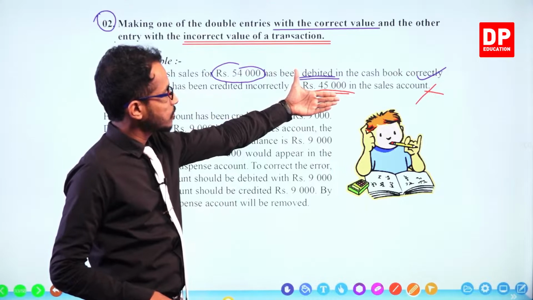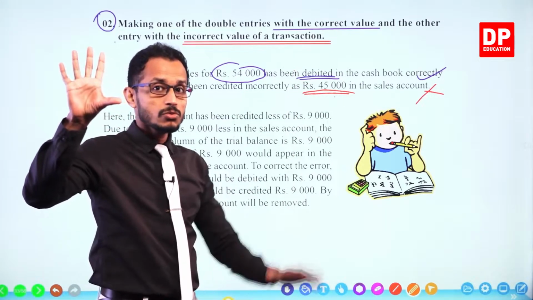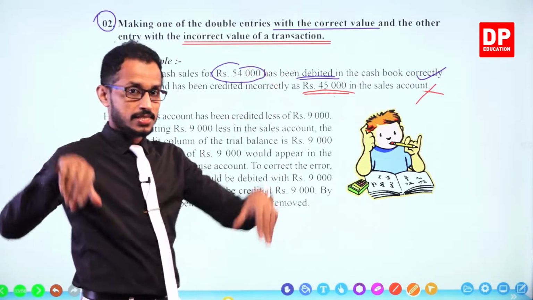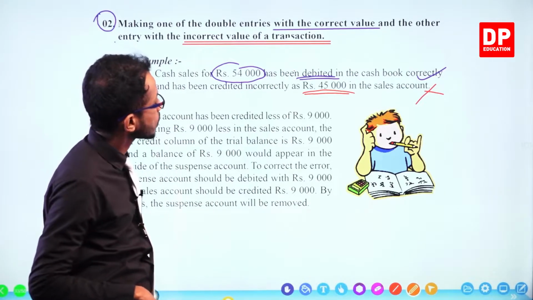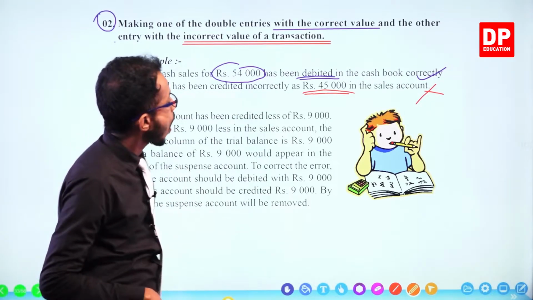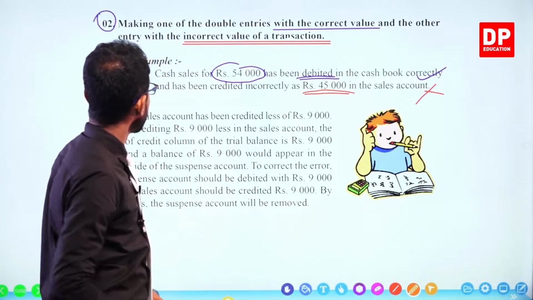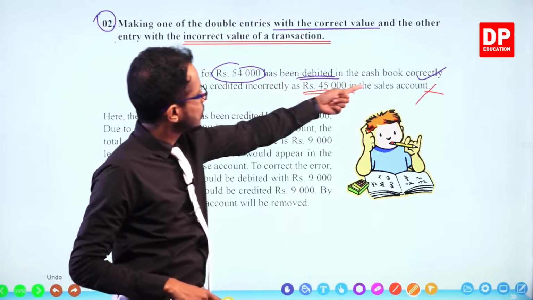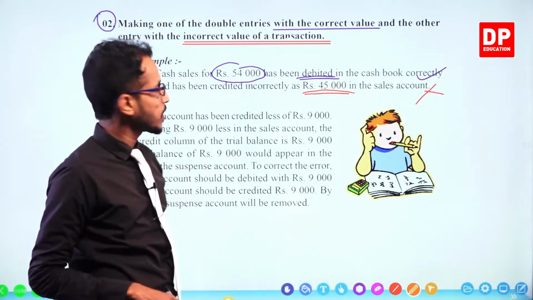So in the credit side 10,000 less. That is the error here.